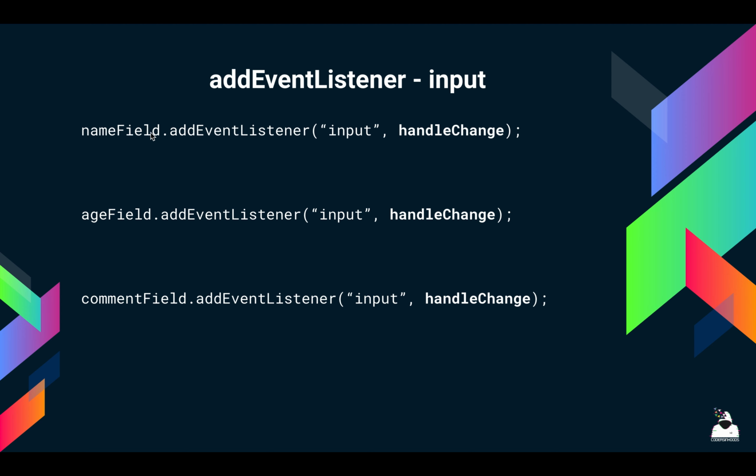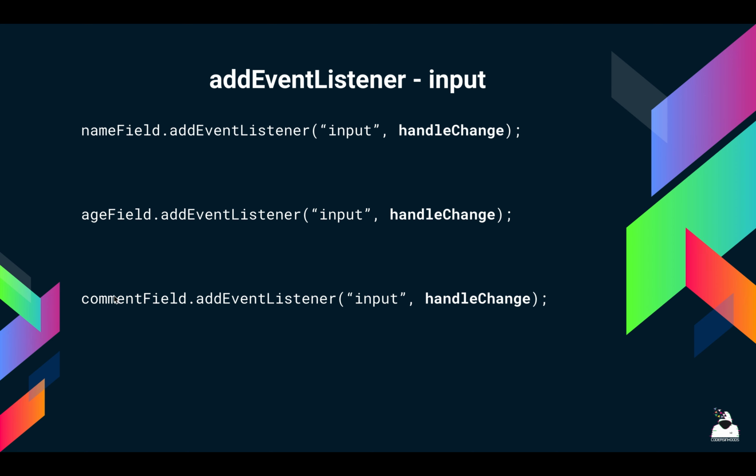So on a field for the user's name, whenever it changes, on the input event, call the function handleChange. So the user or the browser is going to call our function handleChange, and it's going to call the exact same function on the age field. Then it's going to call the exact same function on the comment field.